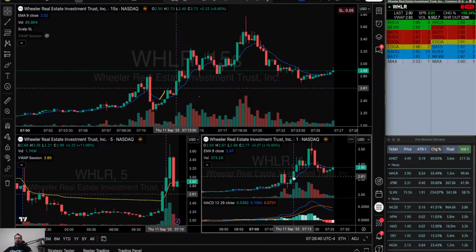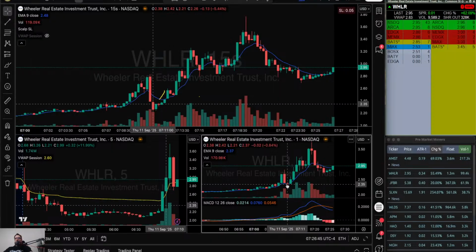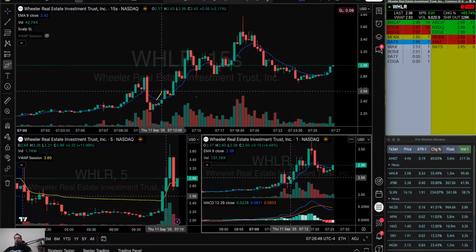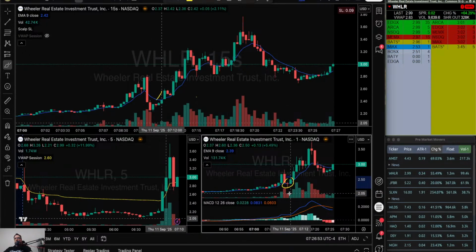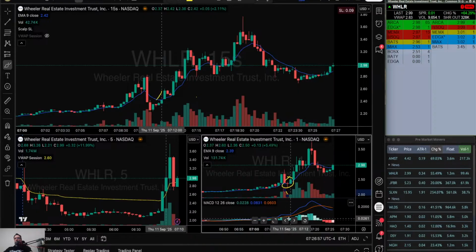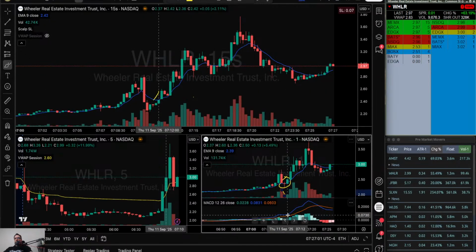So you would be getting in on this candle right here, basically on the break of this. The volume kind of dried up, and now the MACD is open with a solid green histogram.